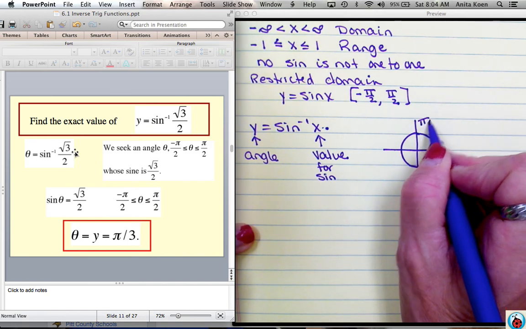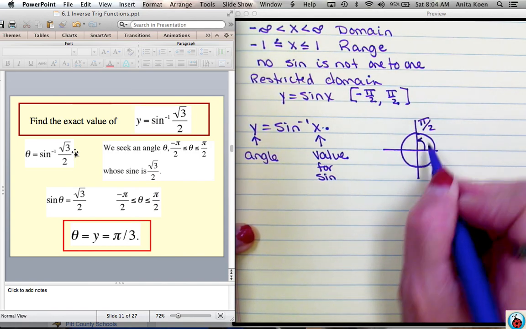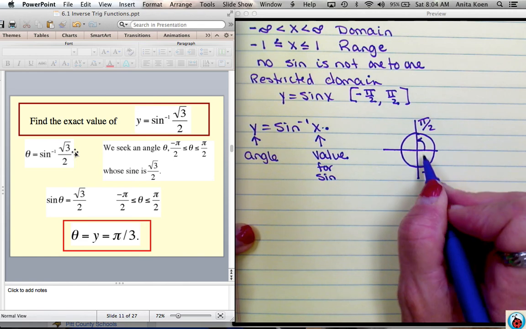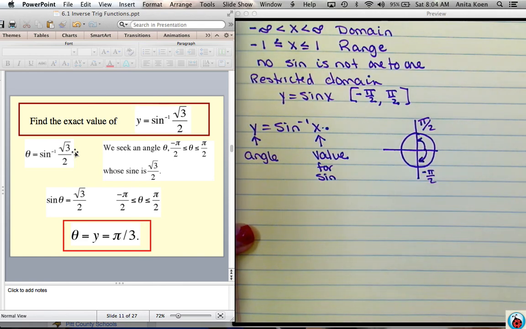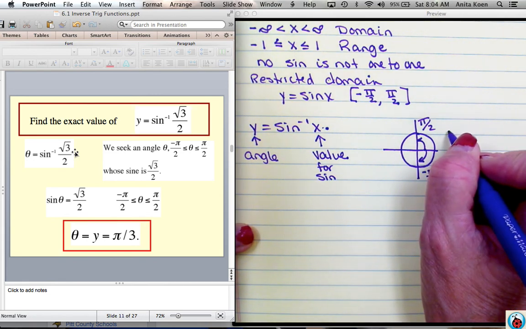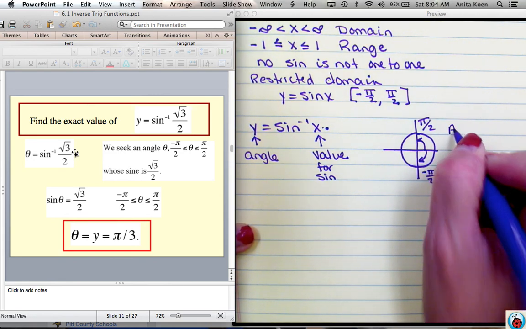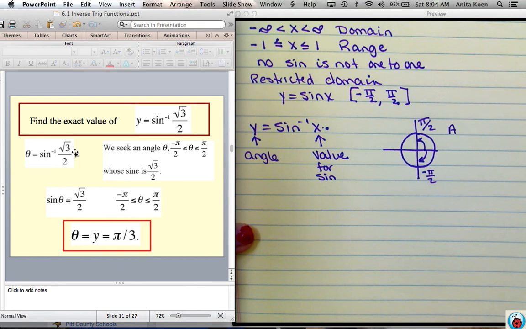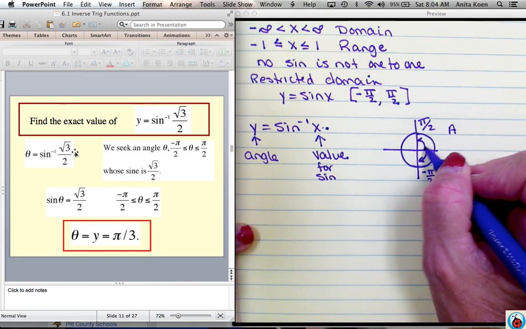If I'm looking at my unit circle, between pi halves this way and negative pi halves this way, I'm looking for the angle who has a sine of positive square root of 3 over 2. Well, I know that all trig functions are positive here, and the cosine and its reciprocal are positive here, so I know I have to be in quadrant 1.